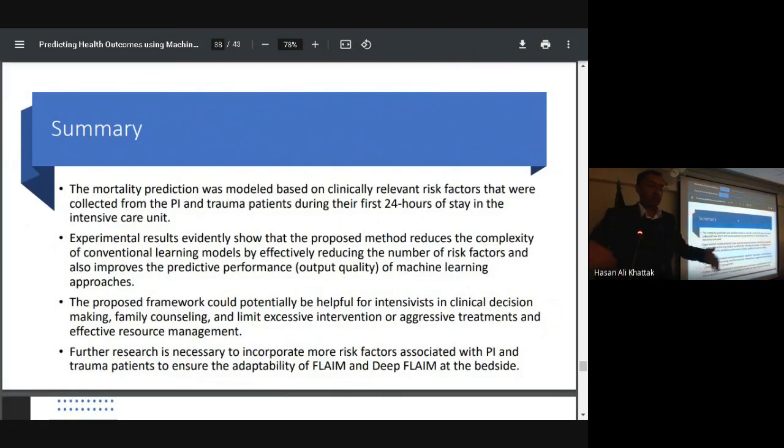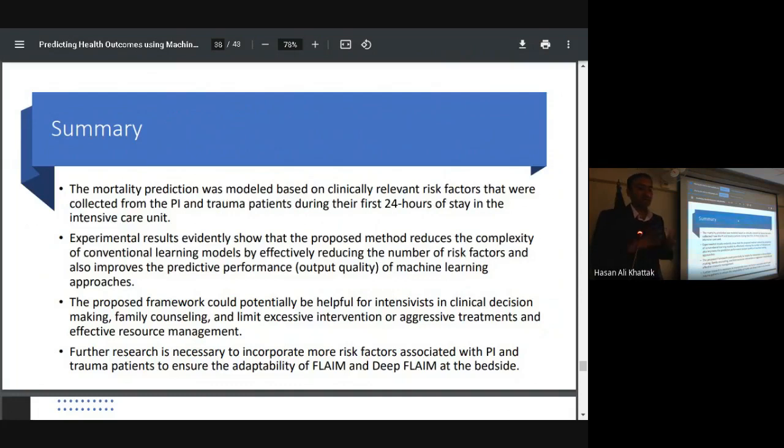The overall summary of these results: you can see what we have learned so far. The mortality prediction model in this experiment was based on clinical risk factors collected from PI and trauma patients, and we considered the 24 hours of stay in the intensive care unit. We just took the data of the 24 hours.